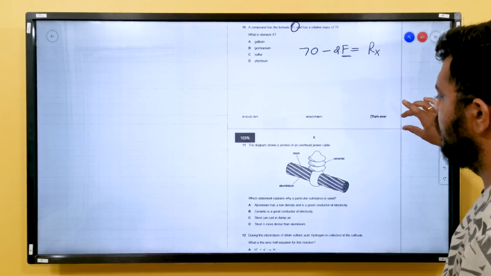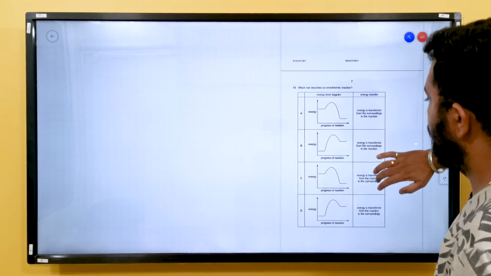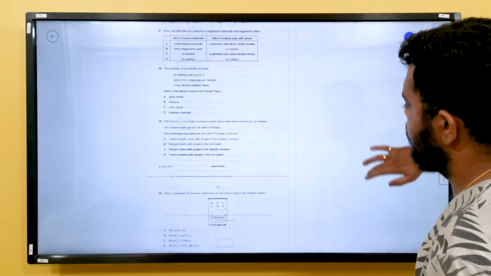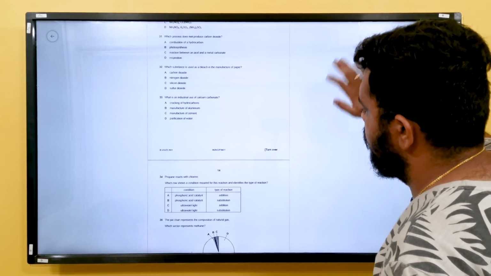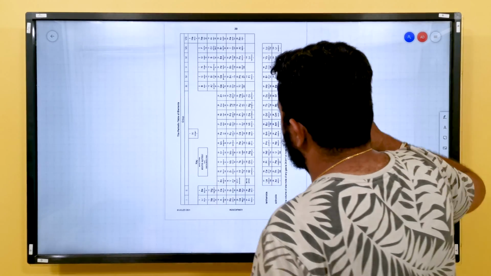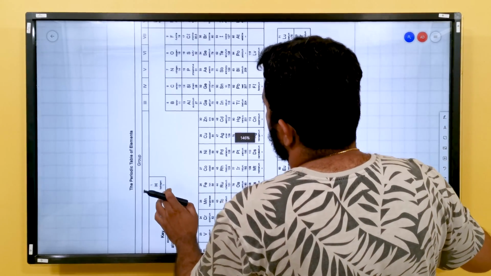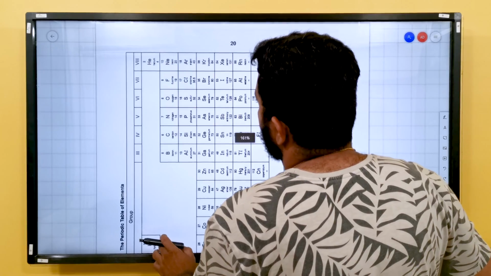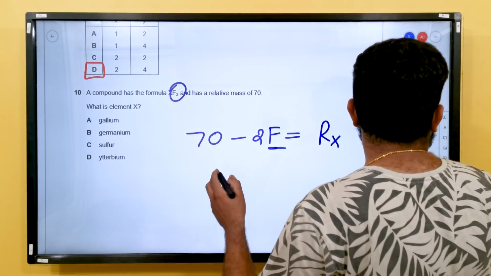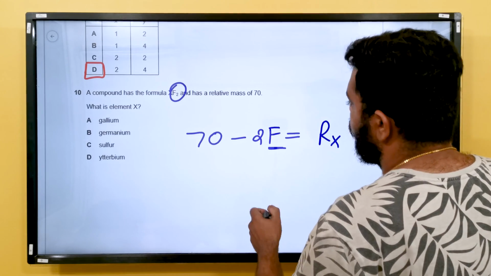So let's quickly scroll to the periodic table and find that mass. Okay, fluorine has a mass of 19. So the relative mass of fluorine is 19.